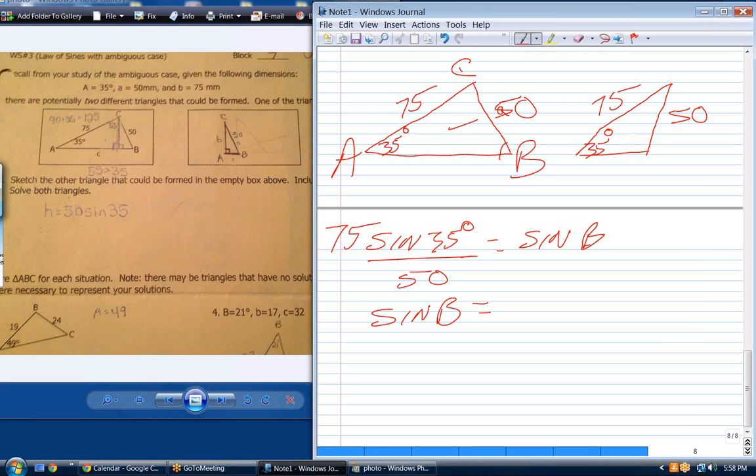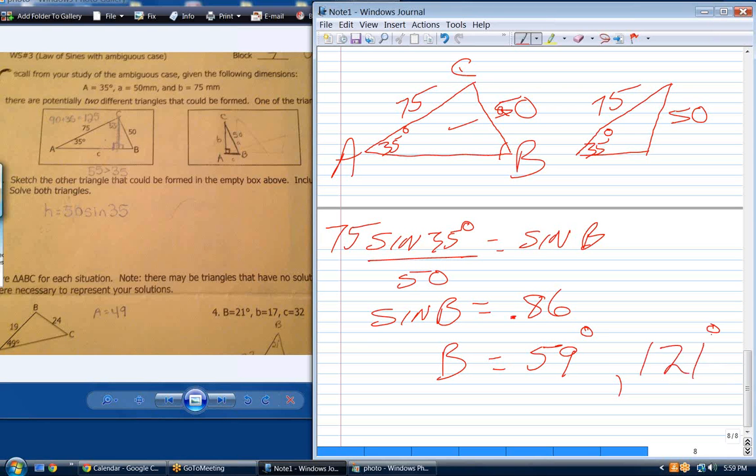Divided by 0.86. 0.86? Yep. So what is B? Oh, and then 59.31. 59, and what else? Oh, and then 121.